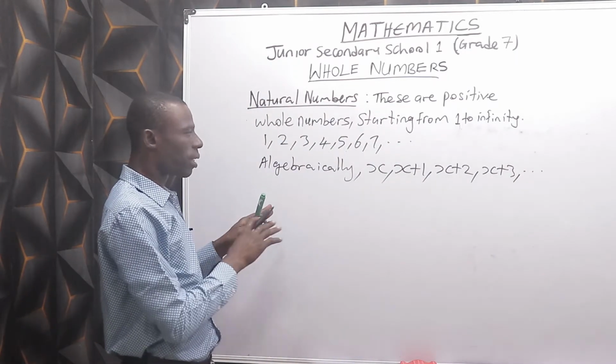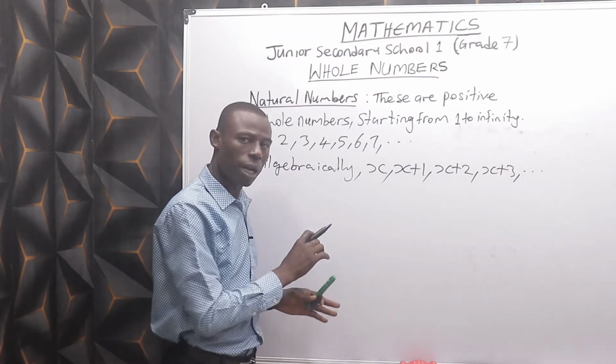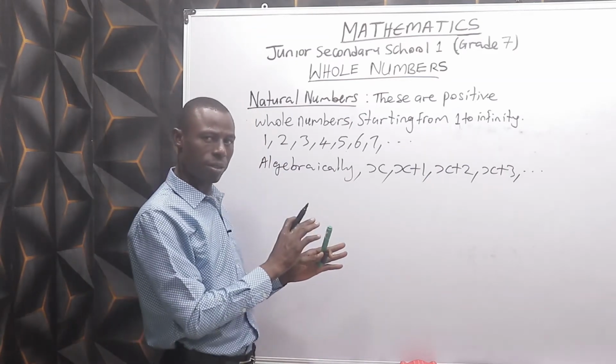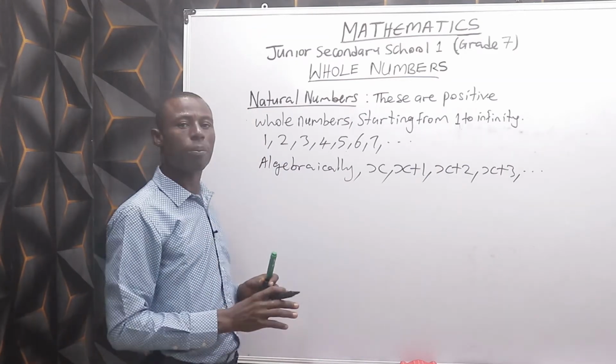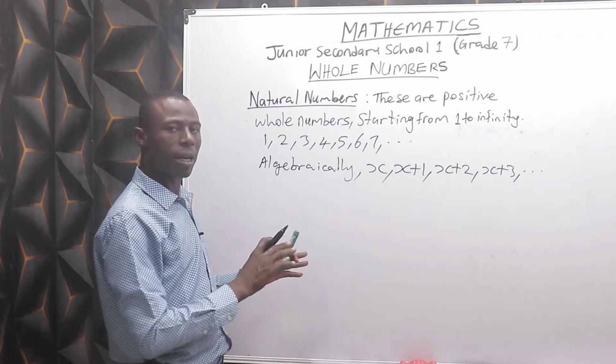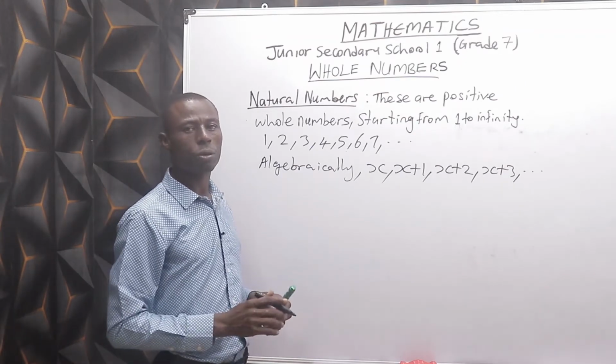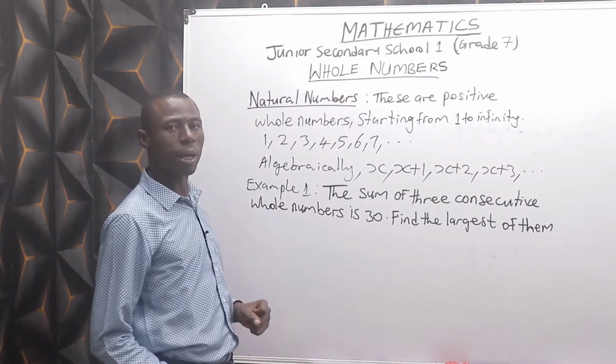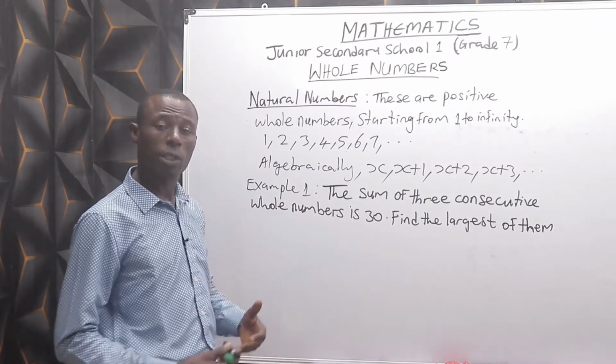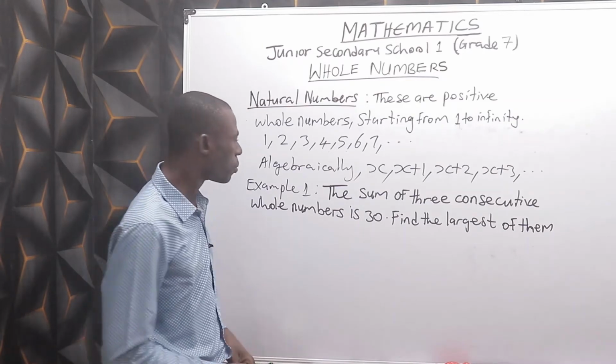That is the algebraic representation of natural or whole numbers. Let's take some examples for a clearer picture of what I'm explaining to you. Let's see this example 1, which is the application of what I've just explained to you now.